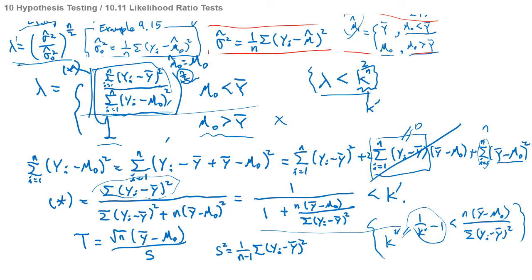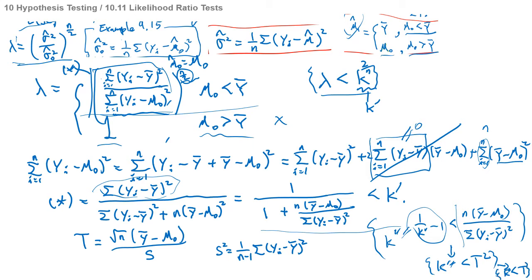If you check this, you can rewrite it as t squared is greater than another constant k. This is your rejection region, and so your rejection region becomes t is greater than the square root of k. Maybe k fourth or something.